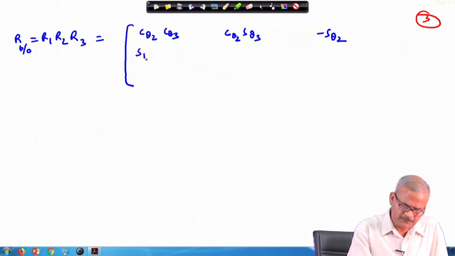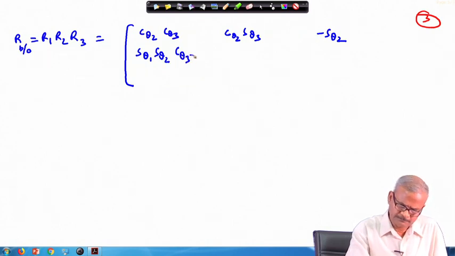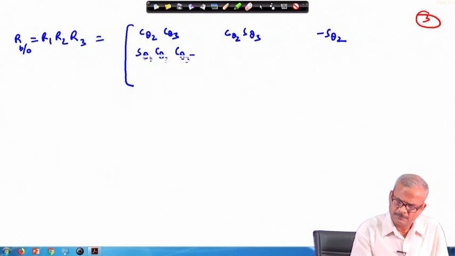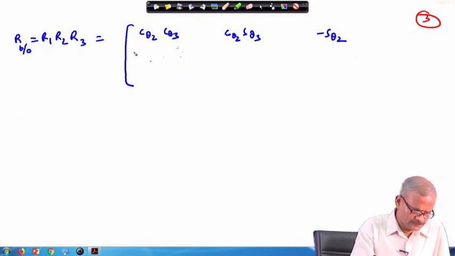Okay, refer back to the earlier lectures. S theta 1, writing in a little smaller font so that we can adjust here.